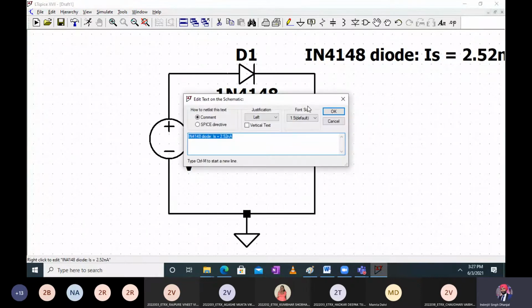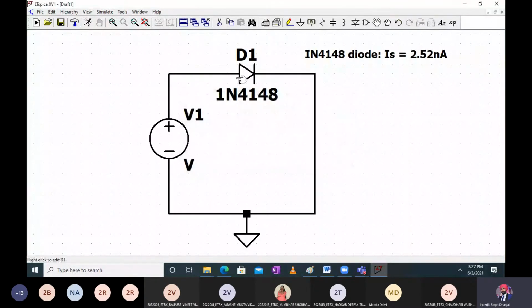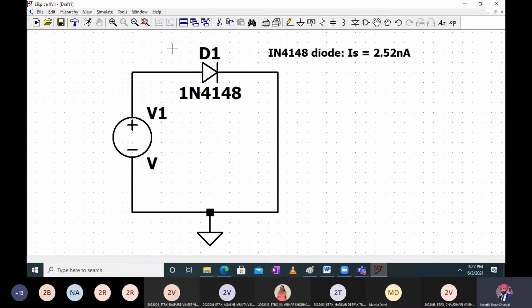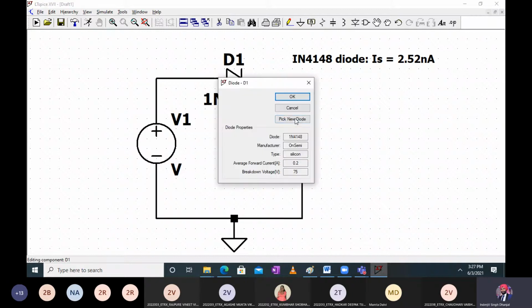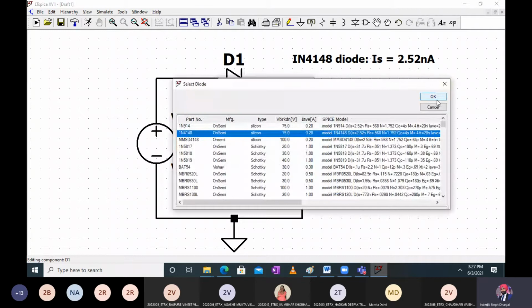I can reduce the font size, let's say to 1. Good information to know. Now this diode, D1, I will tell you what to do later with it. Everyone completed this much? 2.52 nanoamperes. Yes, sir.